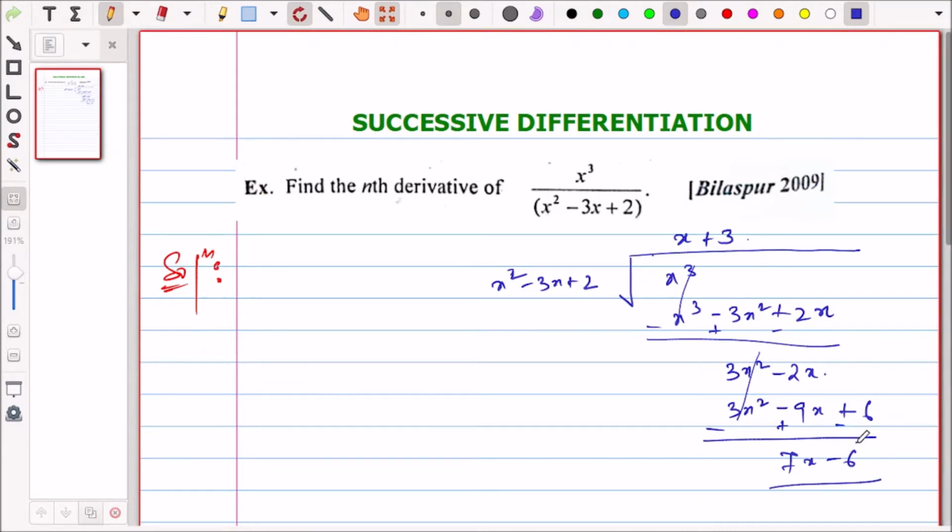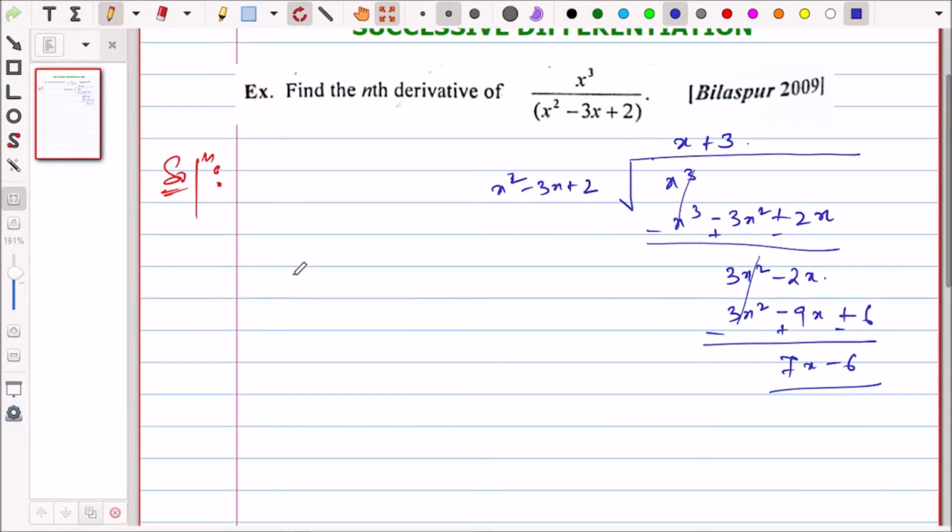We cannot divide it further. This is our divisor, this is our dividend, this is the quotient, and this is the remainder. And what is the formula? Dividend is equal to divisor into quotient plus remainder, right? So we will use that.